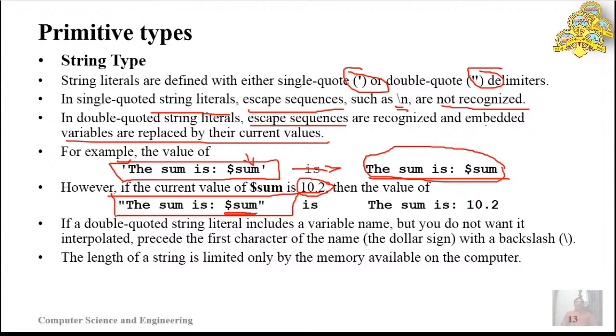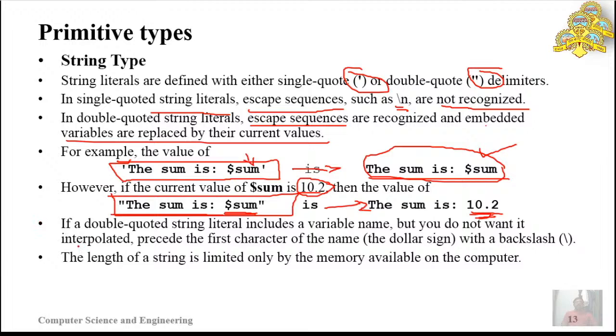Then the PHP processor will process this and it evaluates to the output like this. The sum is 10.2. So to achieve such effect, the string should be enclosed between a pair of double quotes. If the string is enclosed between a pair of single quotes, then those escape characters and variable names are not recognized.